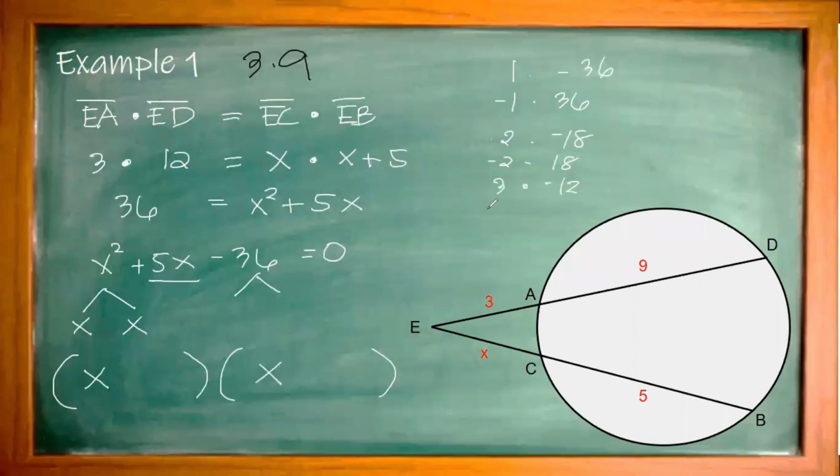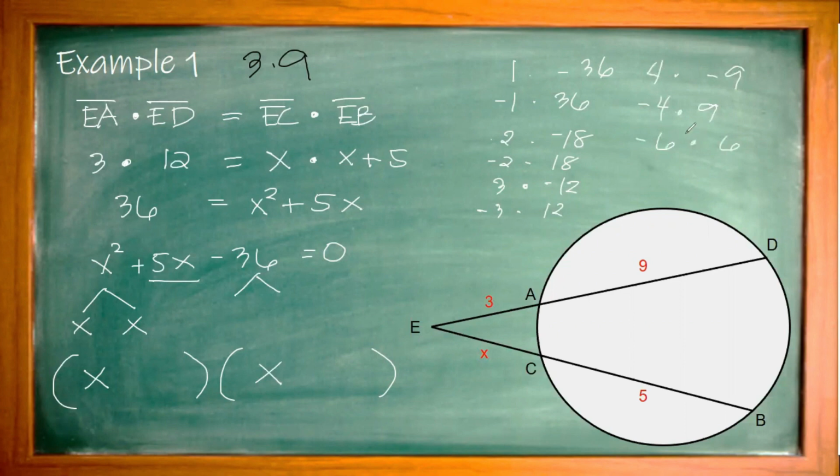We can also have 4 times negative 9, and negative 4 times 9. Then 5 does not work. 6 works, negative 6 times 6. Those are the only possible ones.